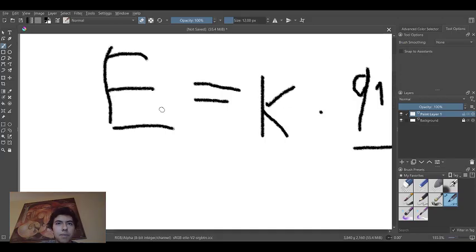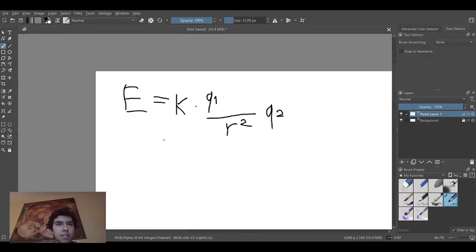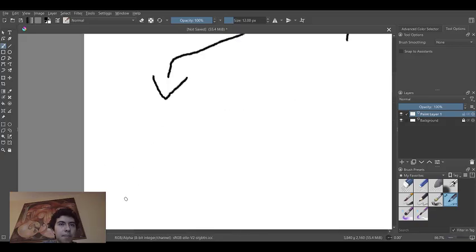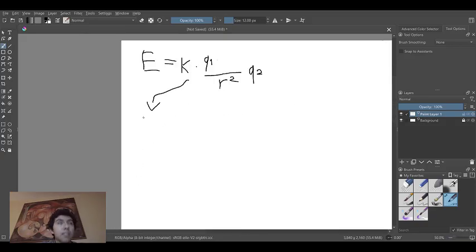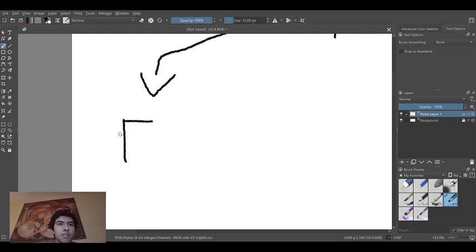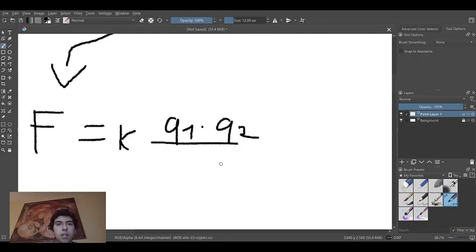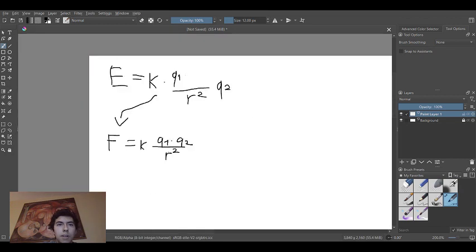So we can multiply this electric field by the charge of the second one, Q2, and this would give us the electrostatic force, which is the K constant of Q1 times Q2 over R squared.